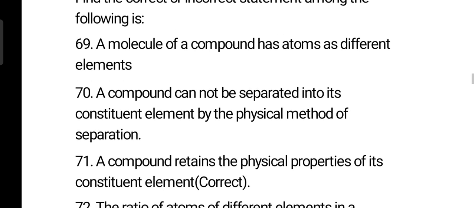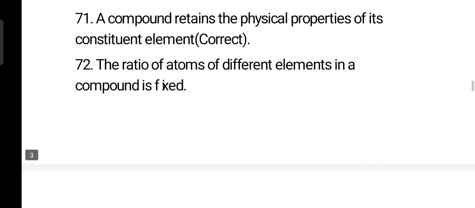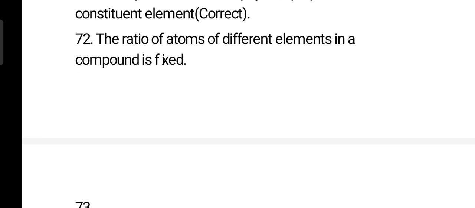A compound cannot be separated into its constituent elements by physical methods of separation. A compound retains the physical properties of its constituent elements. The ratio of atoms of different elements in a compound is fixed.